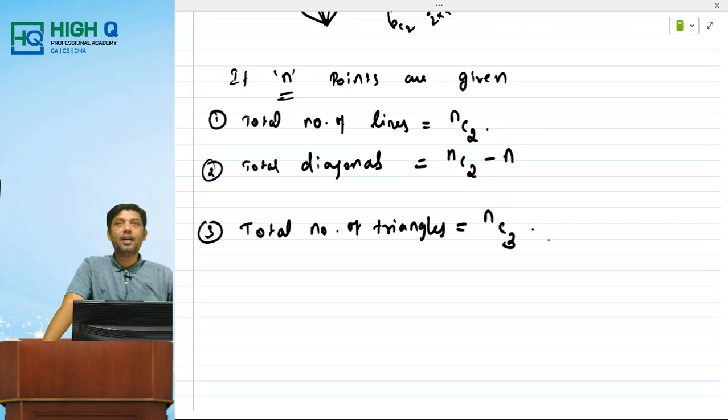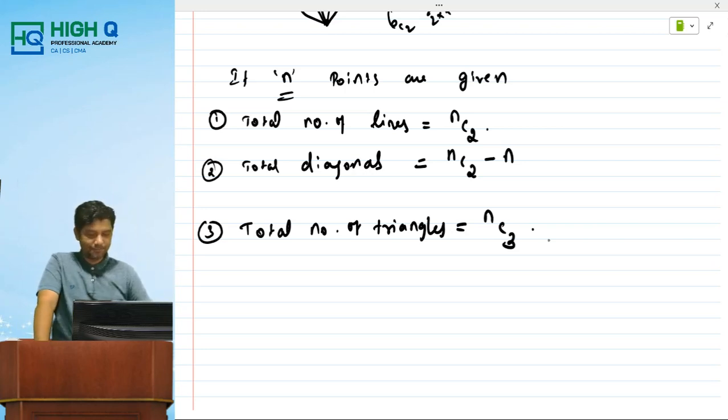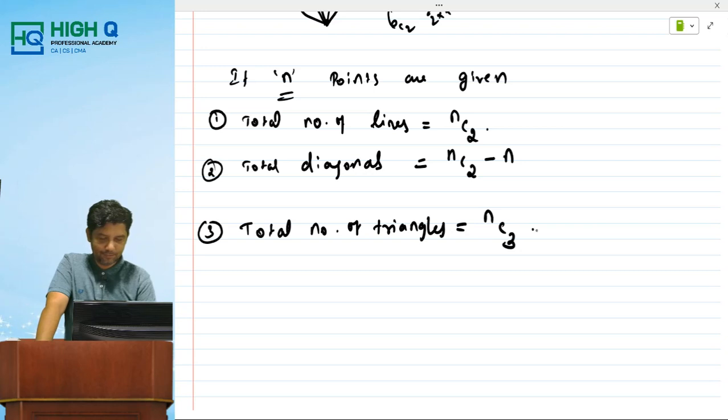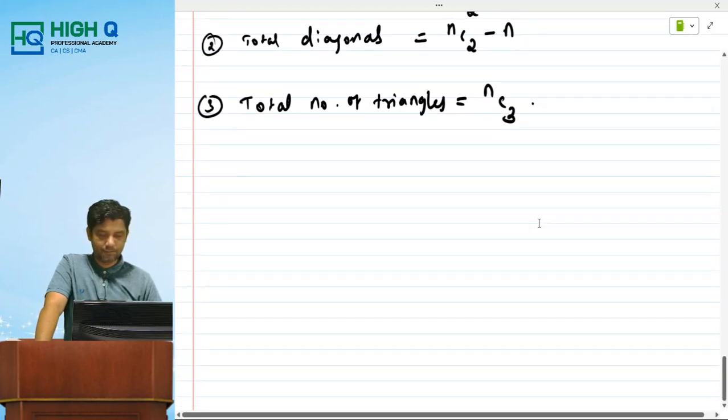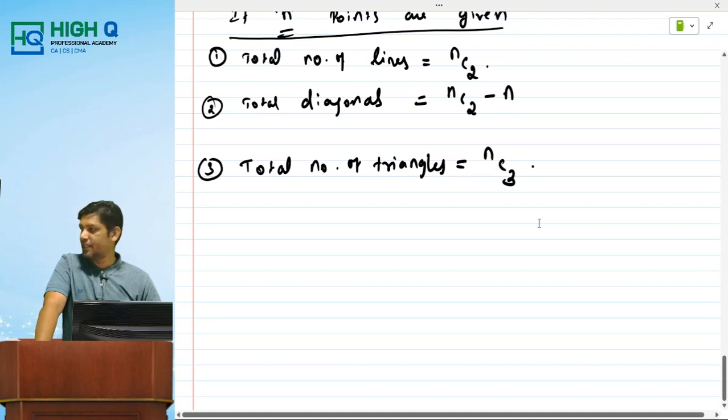How many pentagons can be drawn? Pentagon means 5 sides. So what will come? 20C5. Is that right, my dear? Correct?